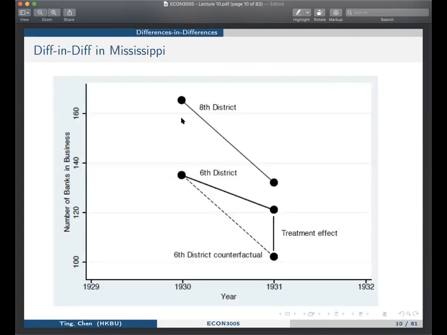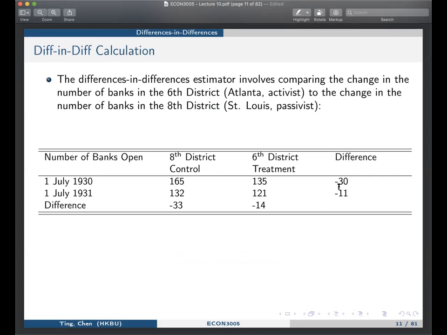So we can calculate the difference. This is the pre-treatment outcome for the control group and the pre-treatment outcome for the treatment group. So the difference between these 2 points at the vertical line will be just minus 30s, here, right? This is a different pre-treatment.